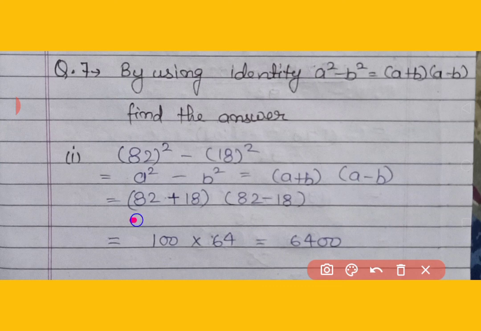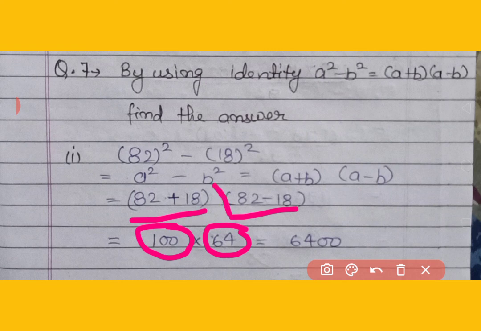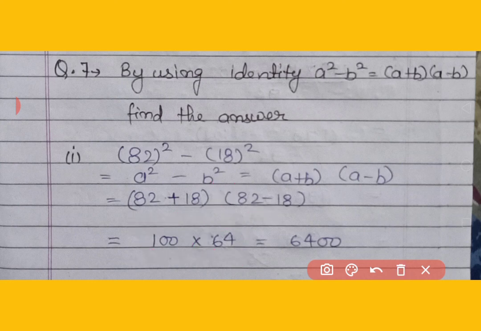So in the first bracket I have written 82 plus 18 and in the second bracket 82 minus 18. First bracket sum is 100 and second bracket is 64. And between two brackets, if there is no sign, then there will be a sign of multiplication. So 100 will multiply by 64, and we are getting 6400.